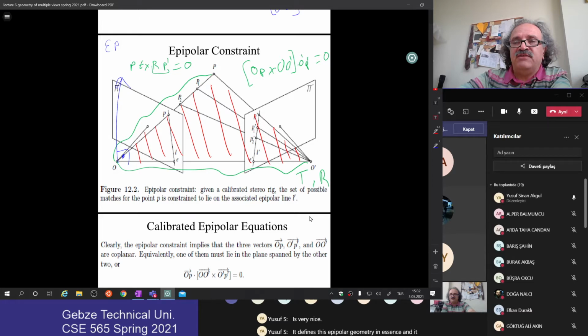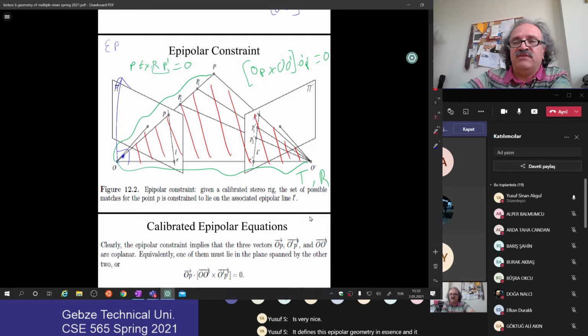It's going to be P transpose times KL minus 1 transpose. Instead of saying minus 1 T, I would say KL minus T, the essential matrix, KR minus 1 P prime equals 0.